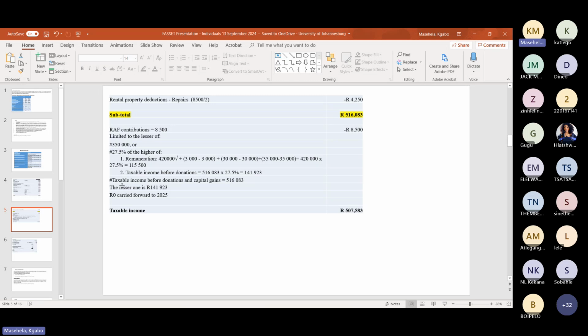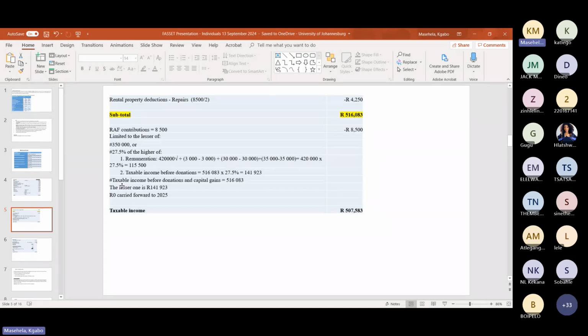Look at this. We've got remuneration of 420,000. We have got uniform allowance minus exemption. We have got again bursary of 30,000 less exemption, and again we have got annuity received of 35,000 minus 35 exemption, which is 420,000 multiplied by 27.5%.